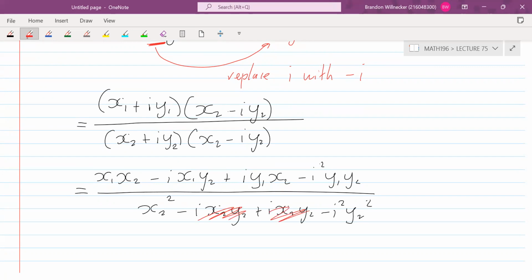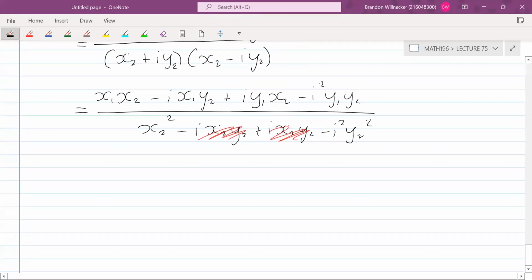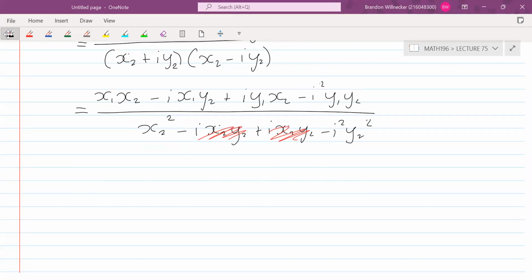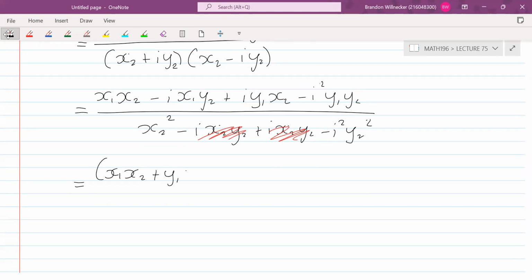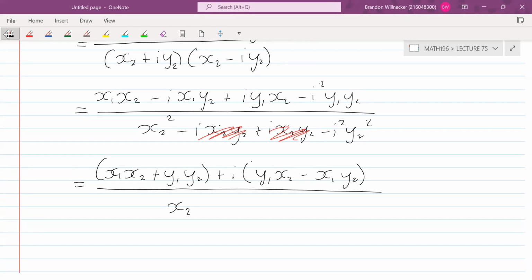And r squared is going to be minus 1, so we have minus minus 1, that's going to be a plus. Same thing for the numerator: minus r squared is going to be a plus. So in the top, we're going to get x1 x2 plus y1 y2 plus r (y1 x2 minus x1 y2), all divided by x2 squared plus y2 squared.